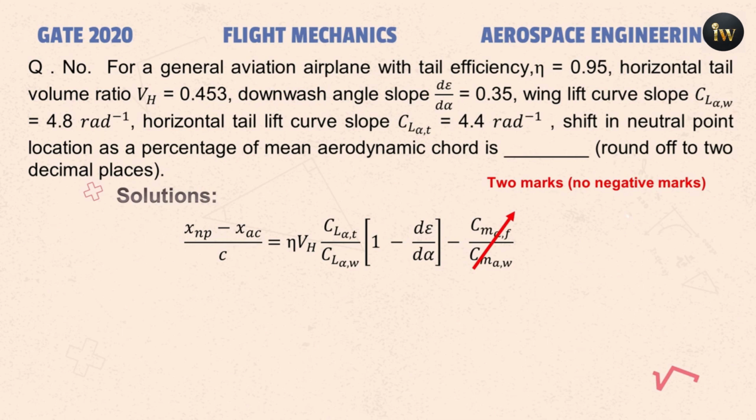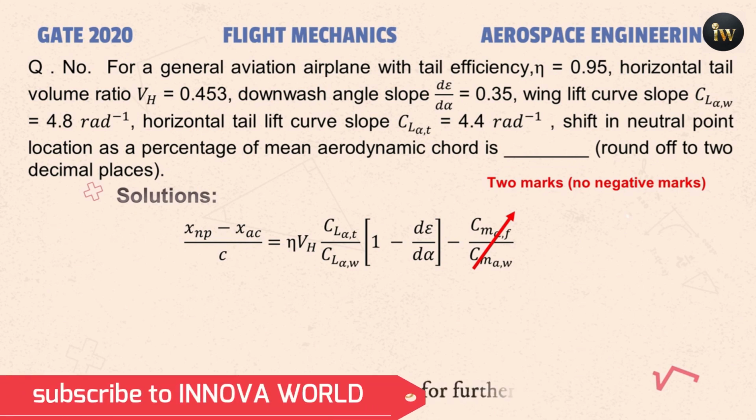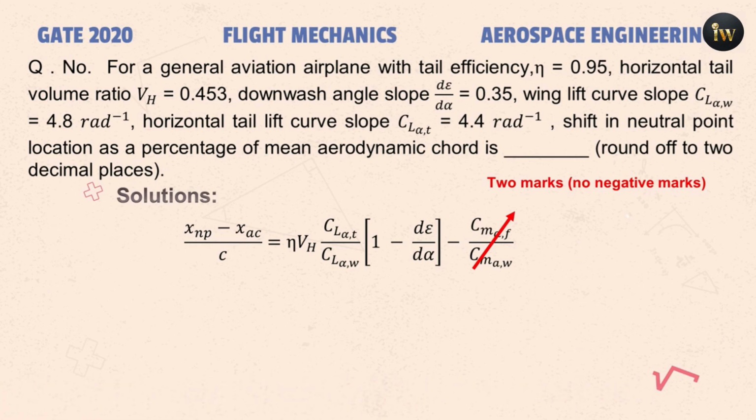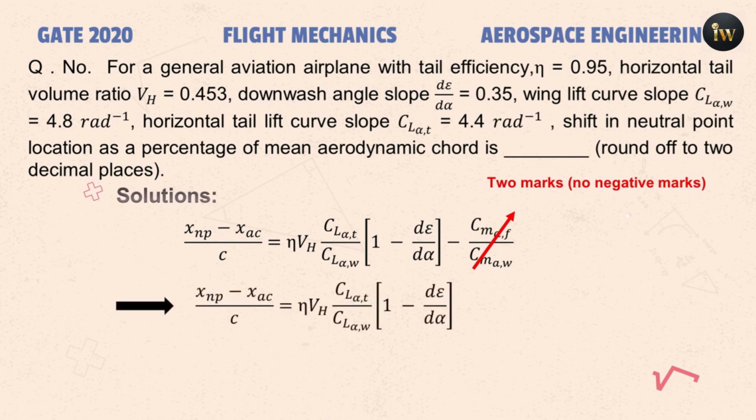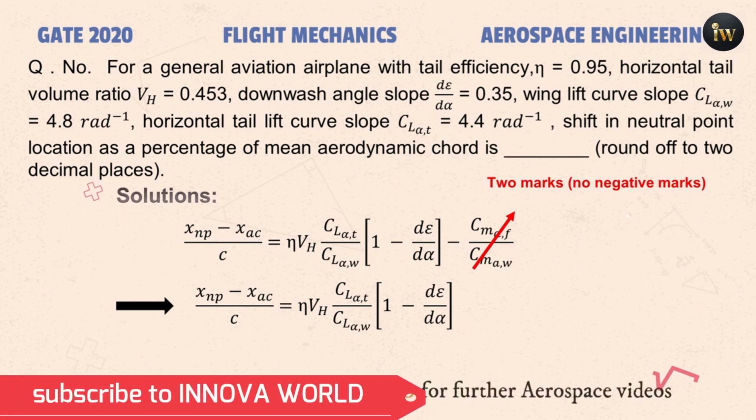Now what are CL alpha T and CL alpha W? CL alpha W means dou CLW by dou alpha, and CL alpha T means dou CLT by dou alpha, that is the lift curve slope for the wing and the tail. After cancelling the fuselage term, we get SM, the static margin, equals eta VH CL alpha T by CL alpha W times 1 minus d epsilon by d alpha.